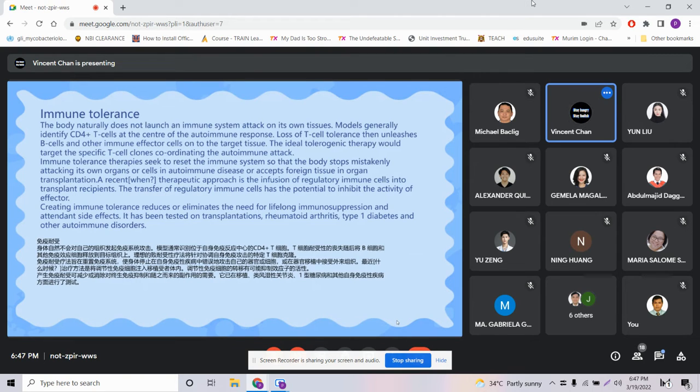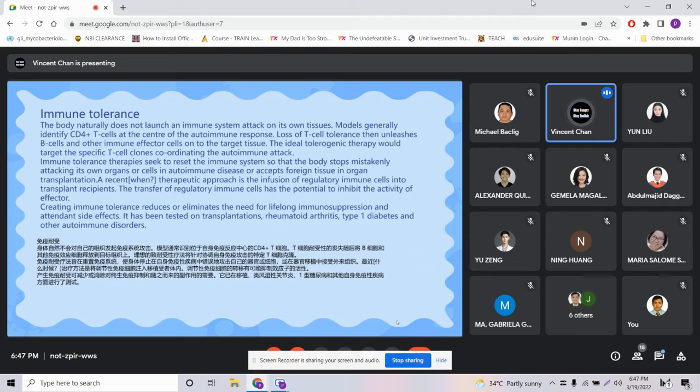The ideal tolerogenic therapy would target the specific T cell coordinating the autoimmune attack. Immune tolerance therapies seek to reset the immune system so that the body stops mistakenly attacking its own organs or cells in autoimmune disease, or accepts foreign tissue in organ transplantation.